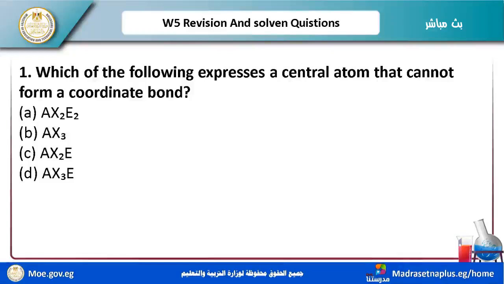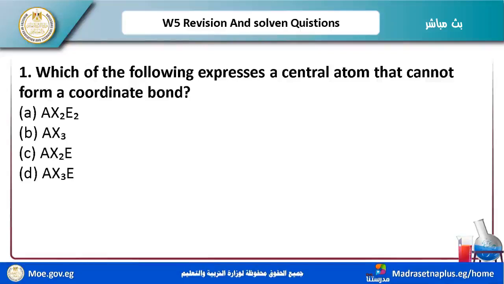Now we have discussed the coordinate bonds. Before I solve these questions, I will explain some things about coordinate bonds. To make coordinate bonds, you must firstly distribute the central atom.